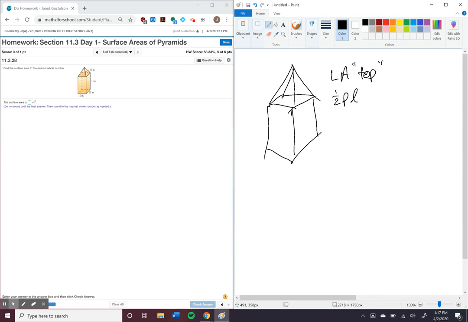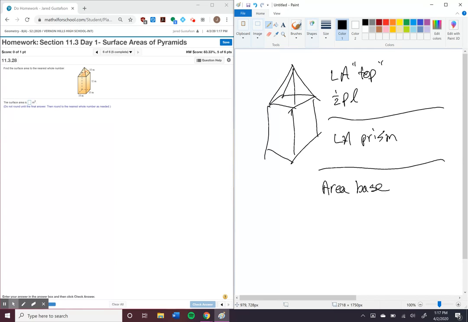It's kind of like an open box because that area is not open to the world. It's covered up. So we're going to find the lateral area of the prism, kind of in the middle here. And then finally, the last thing we need to find is the area of the bottommost base, that square at the bottom. And we're going to add all these together.